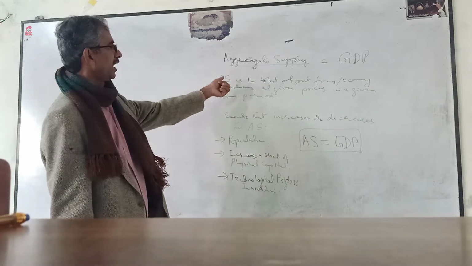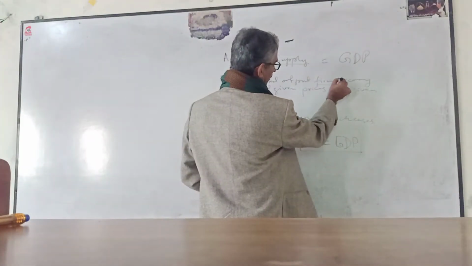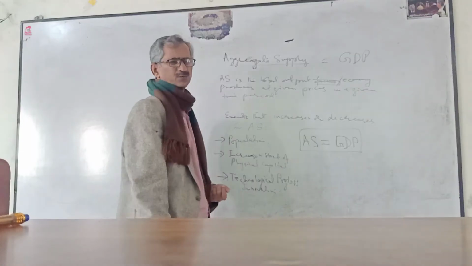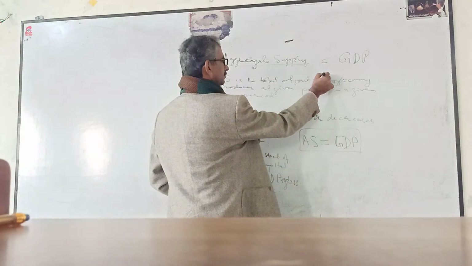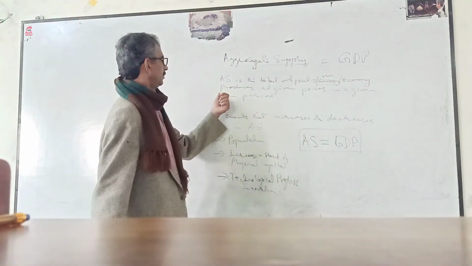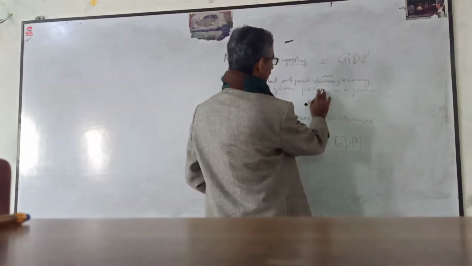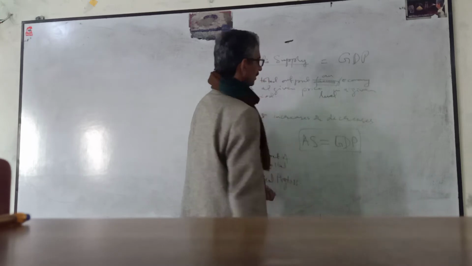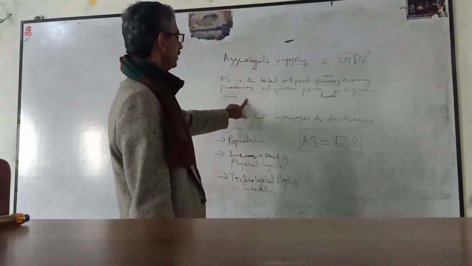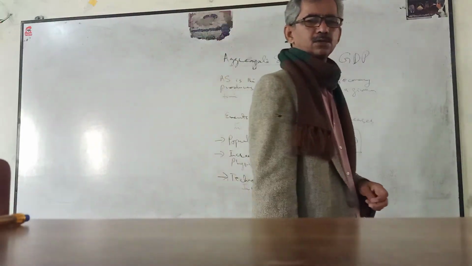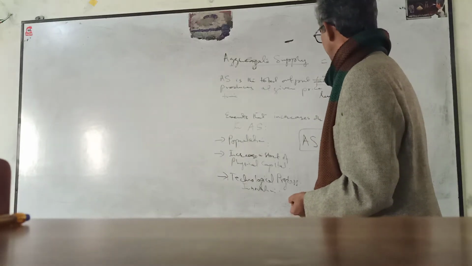Aggregate supply is the total output firms, or instead of firms we can write an economy, produces at a given price level and a given time or time period, whatever suits you. So it is the total output an economy can produce at the available price level.